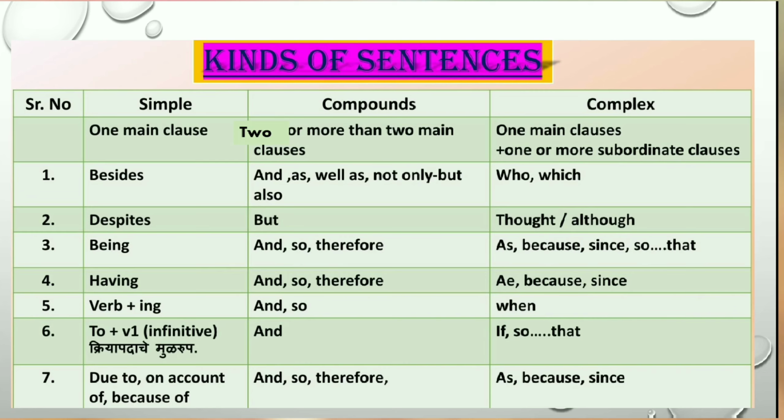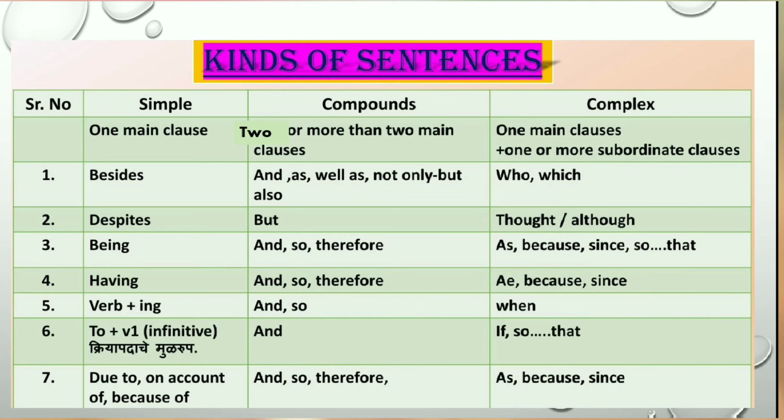Friends, if besides is used in a simple sentence, if you transform the sentence into compound, you can use and as well as not only but also. And in a complex sentence, who or which.